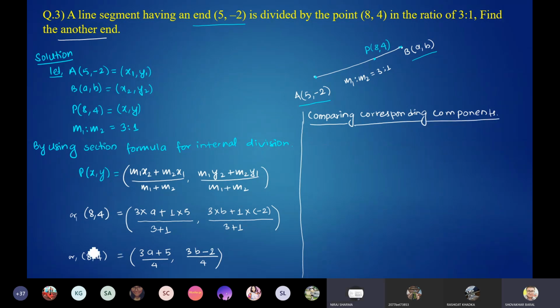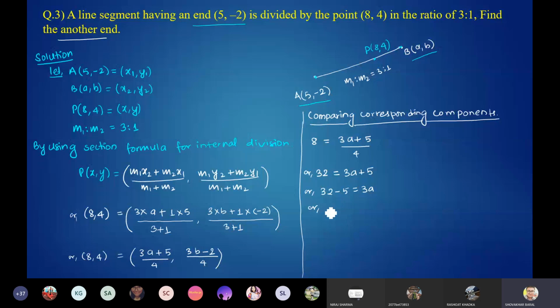So let's compare the x component at first. 8 is equals to 3a plus 5 by 4. यहाँ corresponding लेख्दिएपछि अब x y भनेर त्यो भनिराख्नु परेन. Let's cross multiply it. 8 times 4 is 32 equals to 3a plus 5, or 32 minus 5 is equals to 3a.